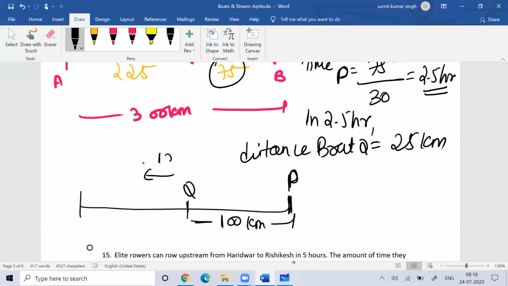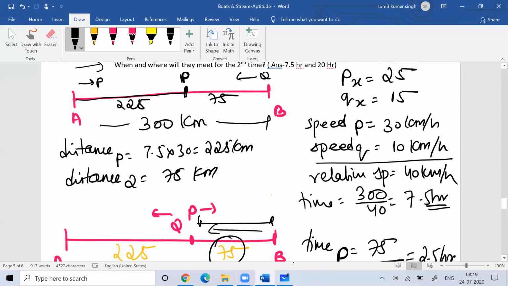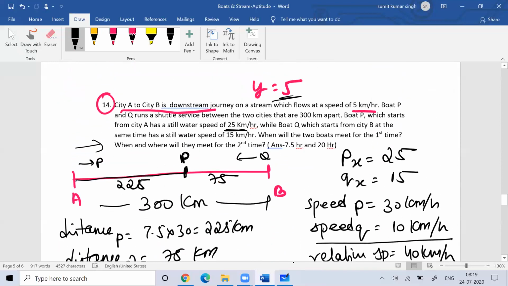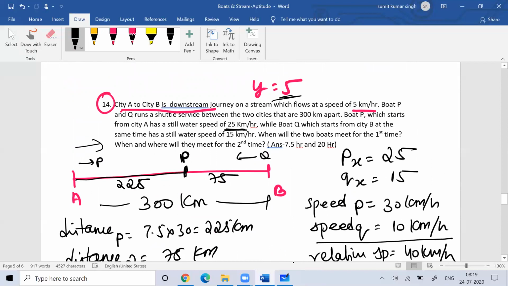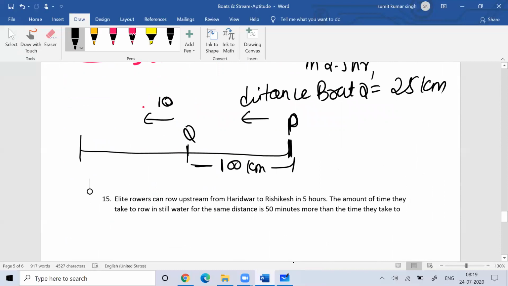Boat Q is going at 10 kilometers per hour upstream, and boat P is now returning, so it will go upstream. Its speed becomes 25 minus 5, sorry, 30 was 25 plus 5. Now it becomes 25 minus 5, so boat P's speed becomes 20 kilometers per hour, and the distance between them is 100 kilometers.